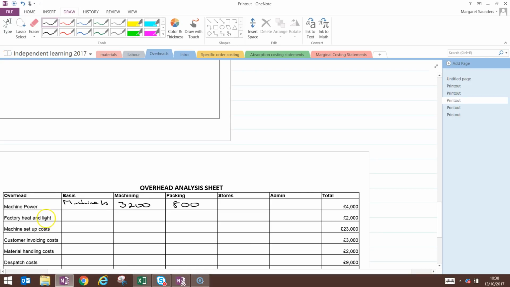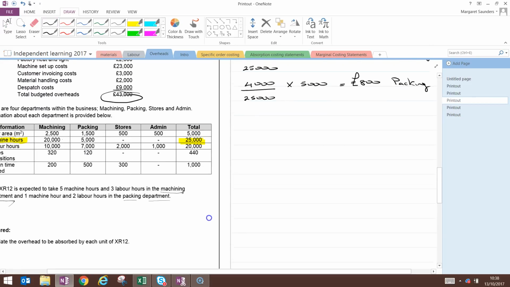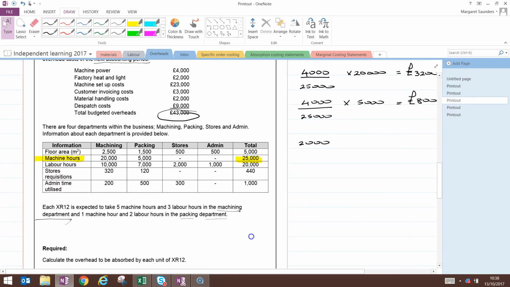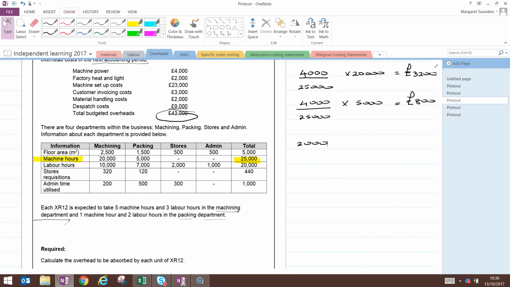Second overhead, heat and light. So the overhead is £2,000 for heat and light. We look at the information given, and as a general rule, heat and light is apportioned based on floor area, because the bigger the floor area, the more heating and lighting it will cost.